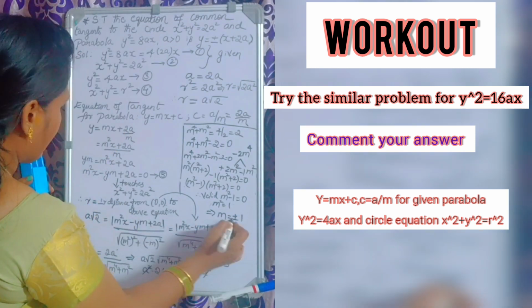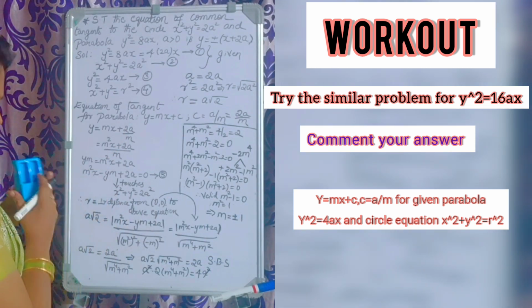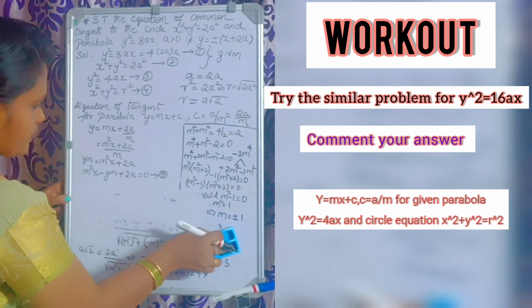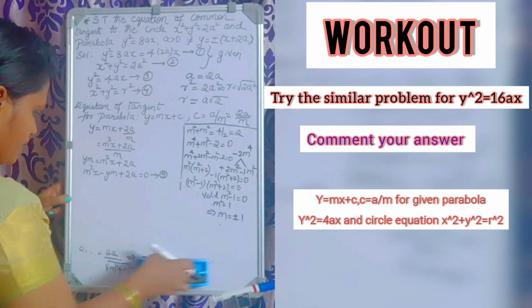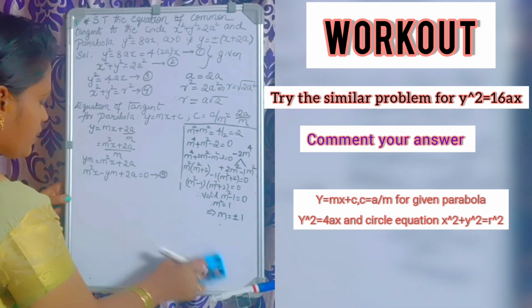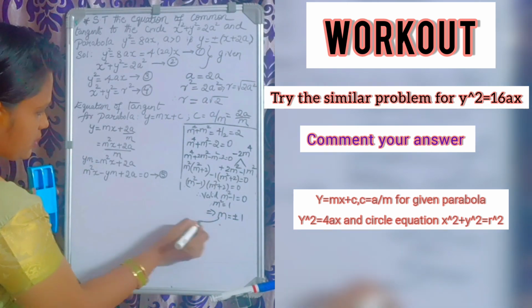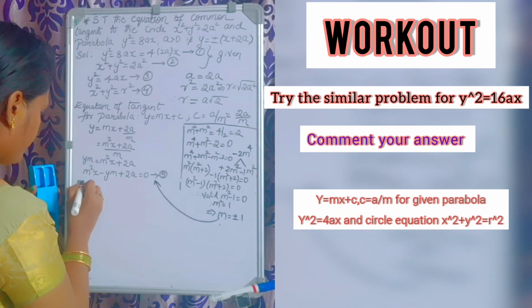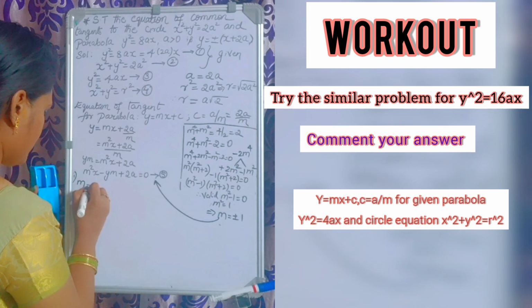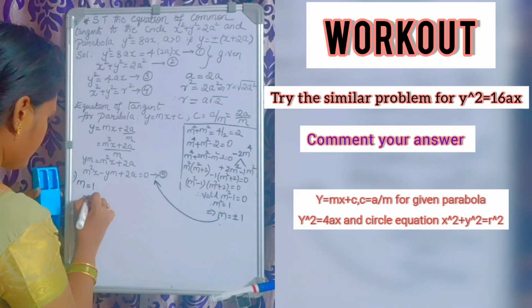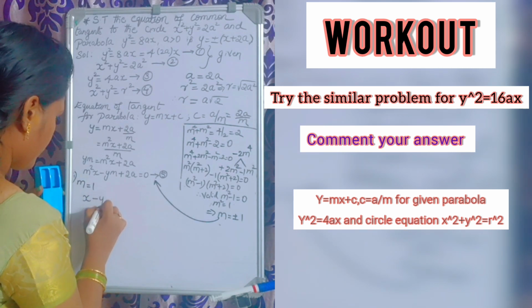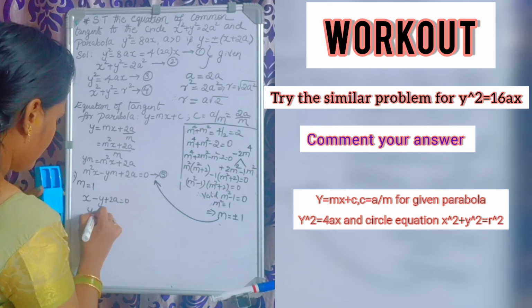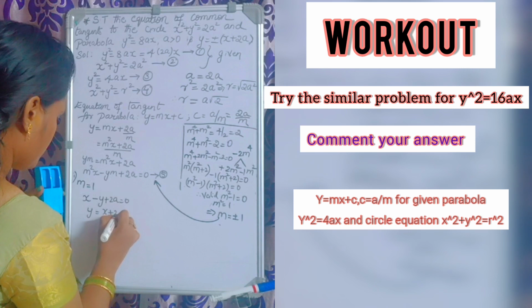You substitute the value of m in equation 5. If m is equal to 1, you will get x minus y plus 2a is equal to 0, or y is equal to x plus 2a.